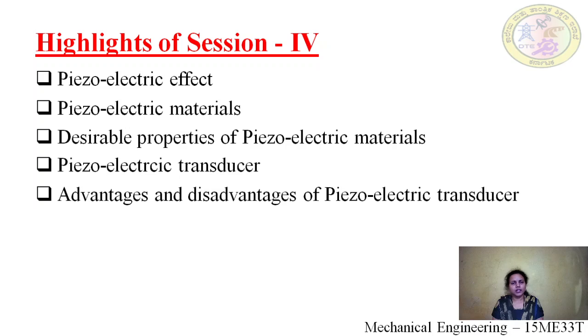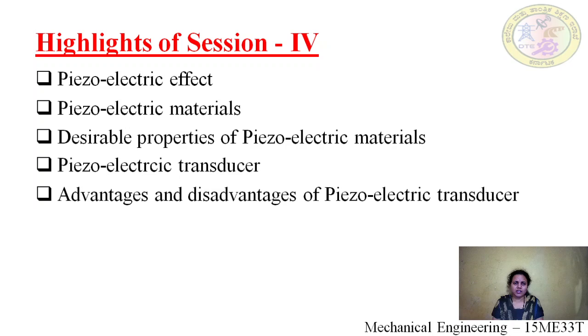Next we saw some of the disadvantages of the piezoelectric transducer. The first one was the output is affected by change in temperature. Because of variation in temperature, the output is definitely going to be affected.